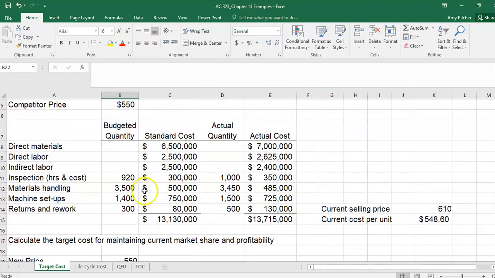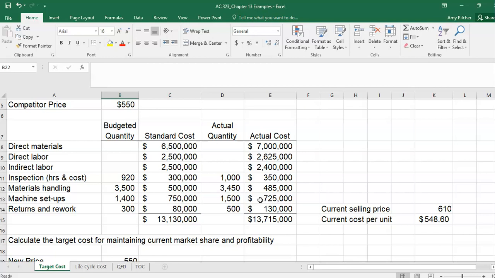And we can see in some of these examples, when we really look at our costs, we can see that we went over on rework, machine setups, and inspection costs. So that would be one of the first places we would look to reduce costs. So we spent more on direct materials than what we had budgeted. We spent more on labor than what we had budgeted.